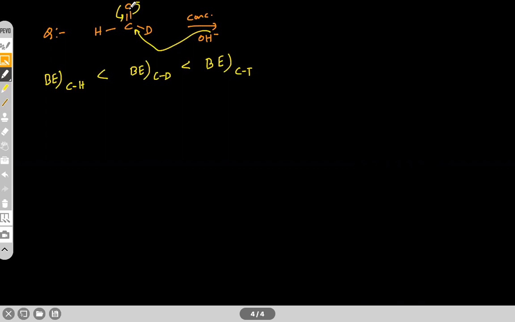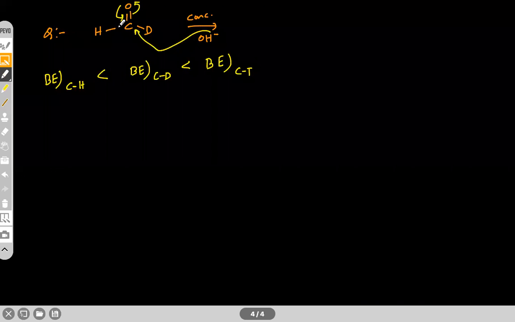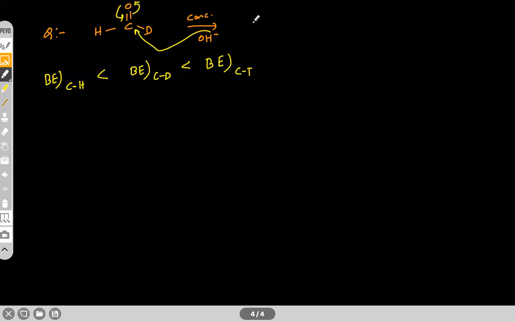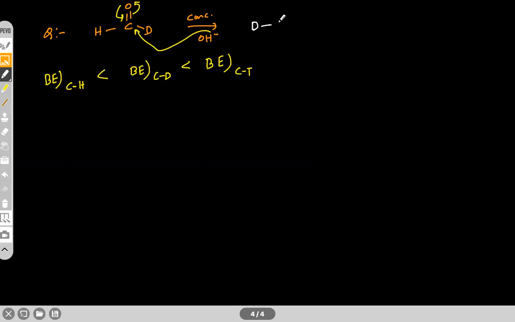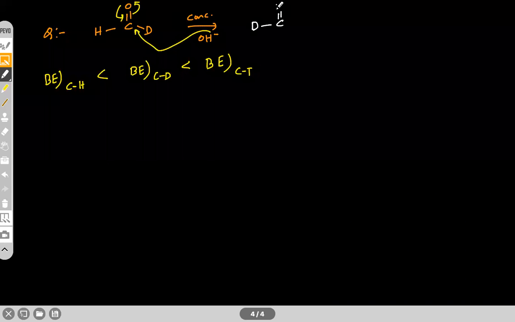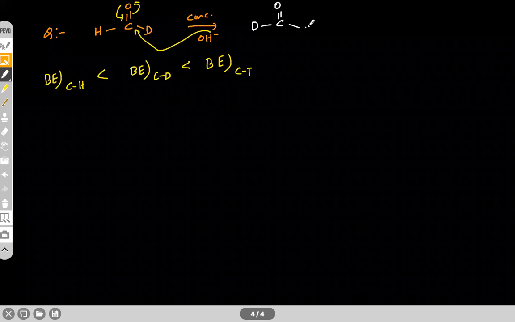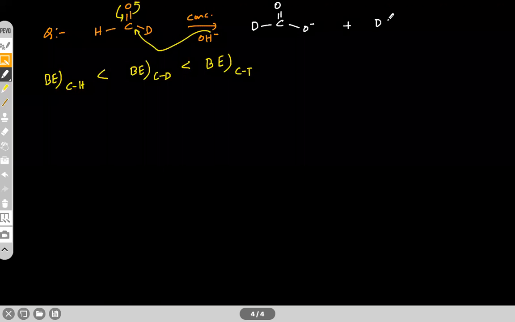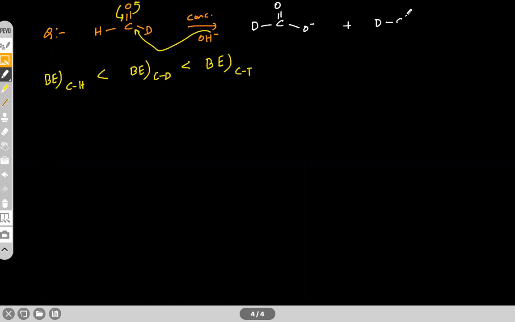Pi electron moves up, forms a pi bond again, then one of the bonds breaks, the carbon hydrogen bond is easier to break, so this deuterium will be there as it is. We have C double bond O, and instead of OH, we have O minus here, right? And the other one would be the reduced product, DCH2OH. This is the product we get here. Any doubt in this?